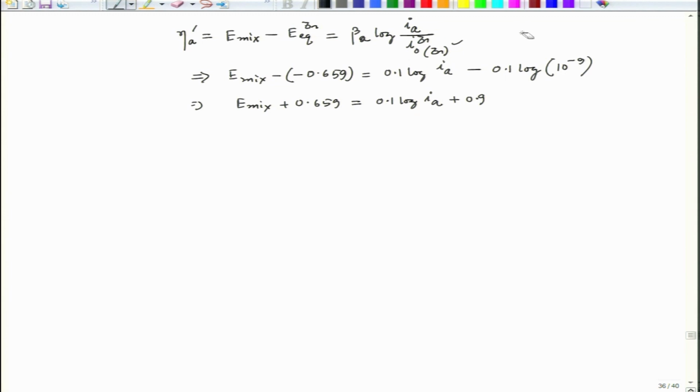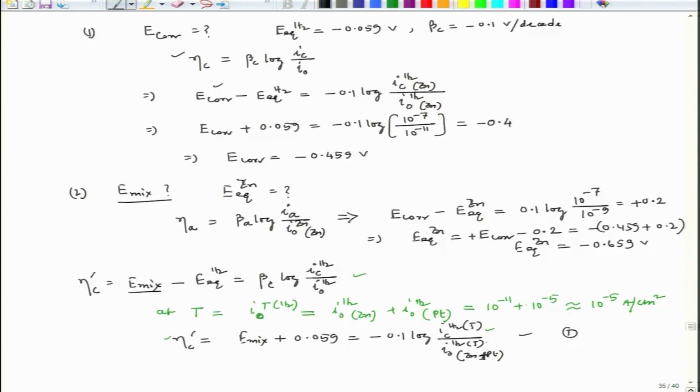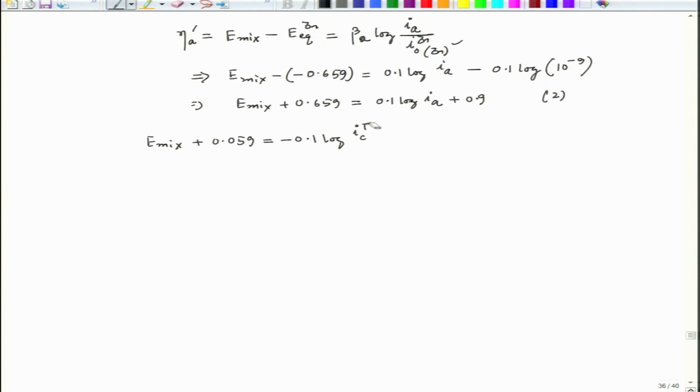Let me put this one as equation 2, and from equation 1 I can write E_mix plus 0.059 equal to minus 0.1 log of I_C total, or let me put the same notation we have used, I hydrogen total divided by I_0 hydrogen.